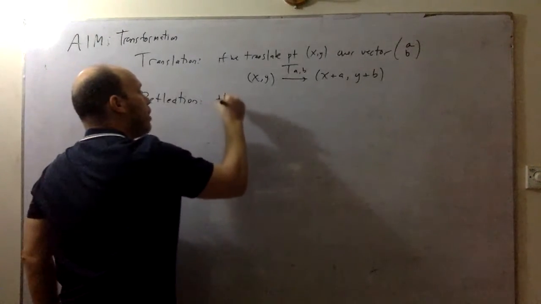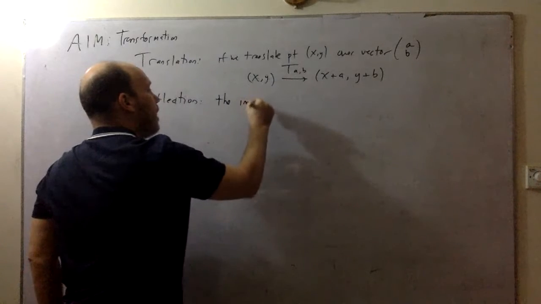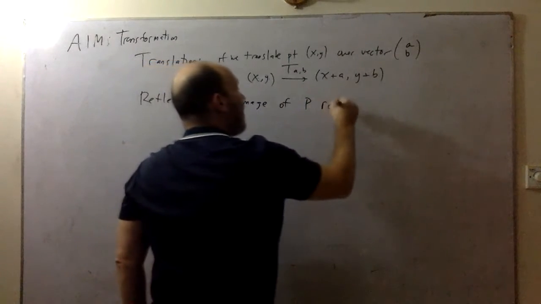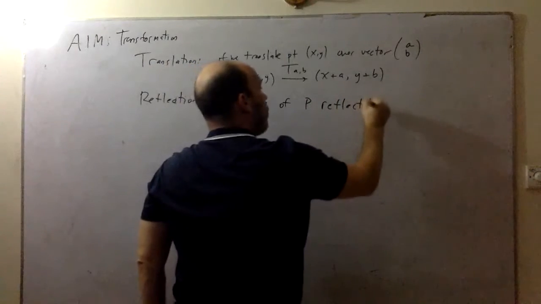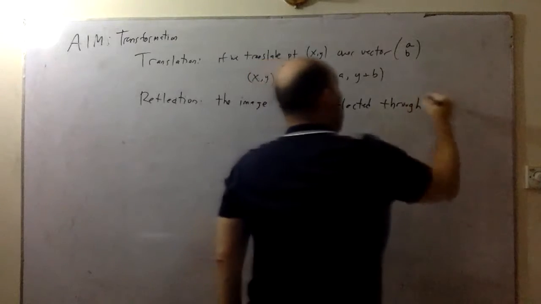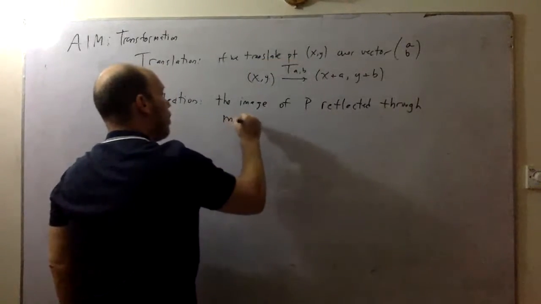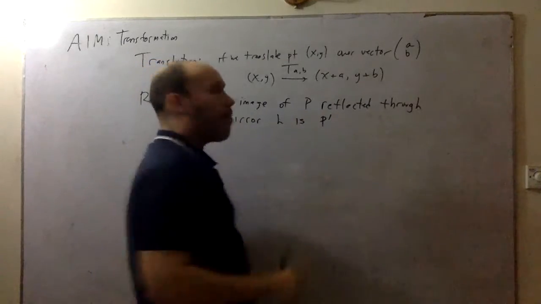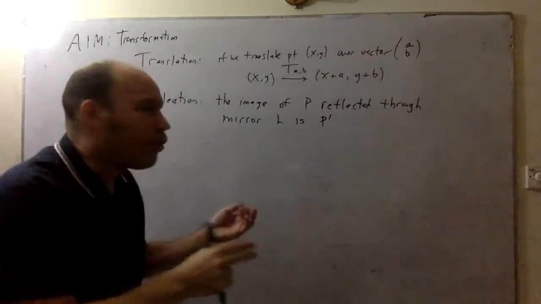The image of P reflected through mirror L is P prime. And what does that look like?